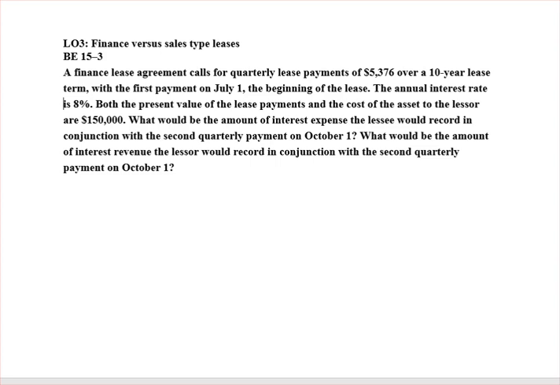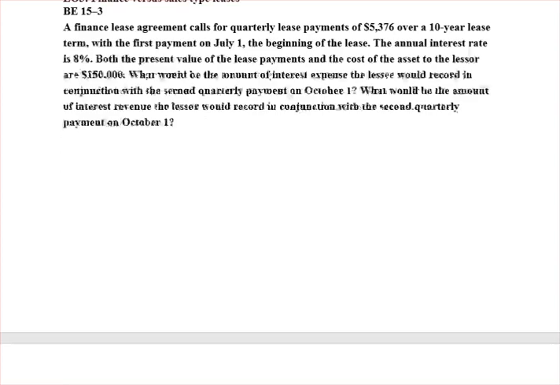So when you get to the second one, you're calculating interest on the amount that's outstanding, which is the $150,000 minus the quarterly payment made up front, because it's an annuity due.